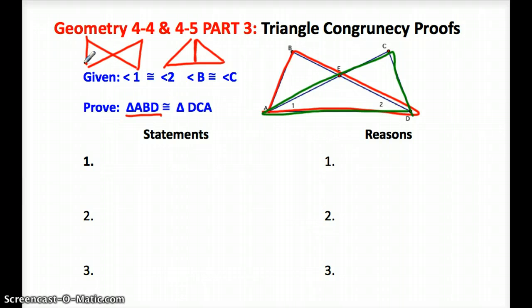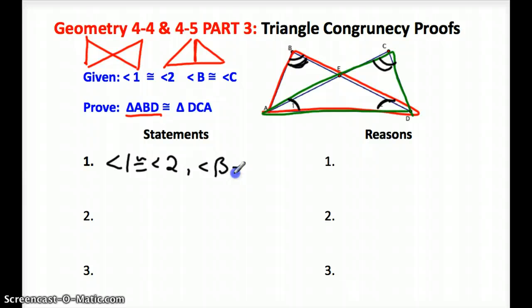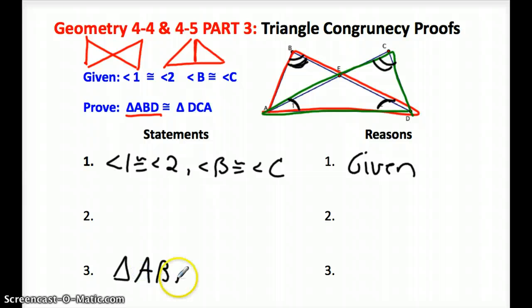I'm given angle 1 congruent to angle 2, and angle B congruent to angle C. So I'm going to mark those, and I'm also going to write those down. In my proof, down at the bottom in number 3, I'm showing that the two triangles are congruent. So I only have one step to do here.